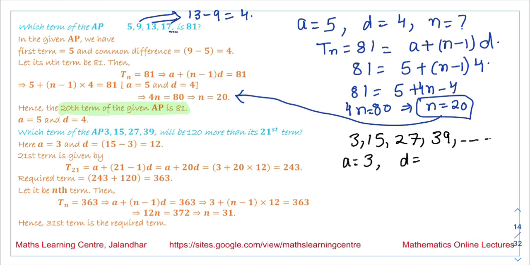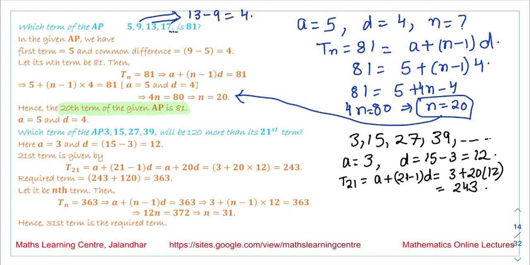The value of d is 15 minus 3, which is equal to 12. If we are talking about the 21st term, it means a plus (21 minus 1)d. So it is 3 plus 20 into 12, which is equal to 243.